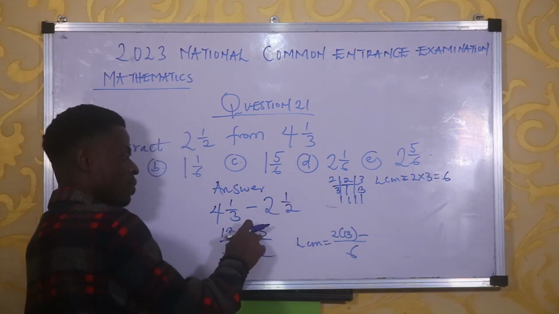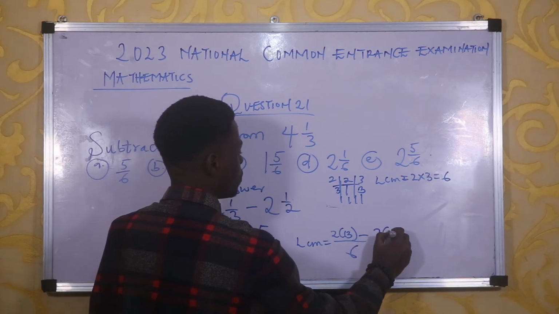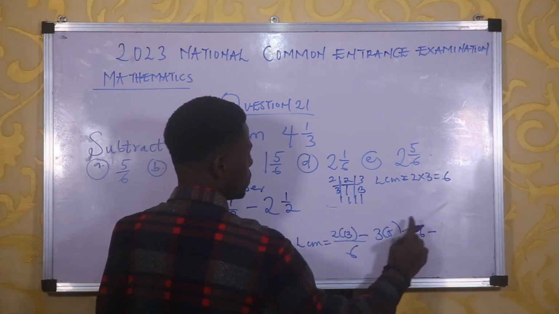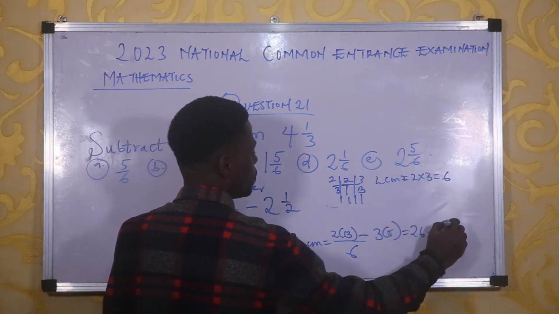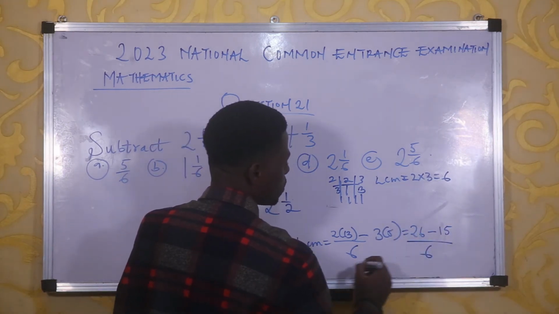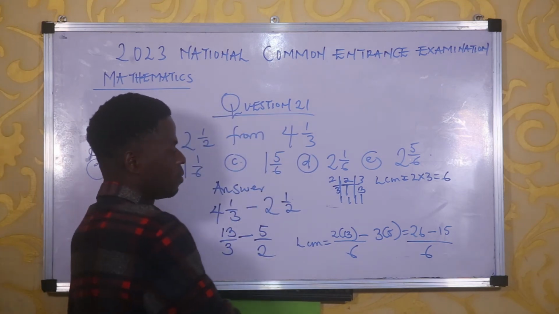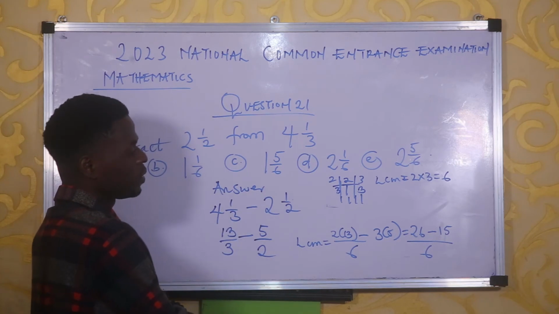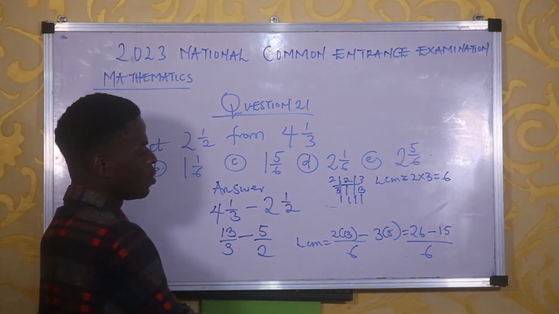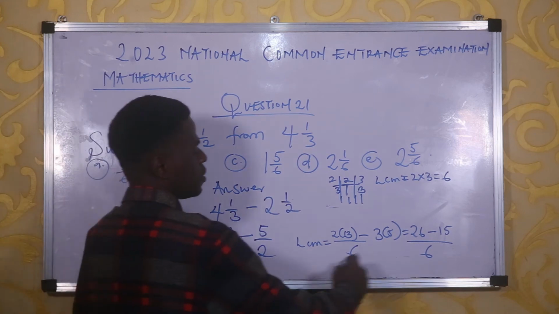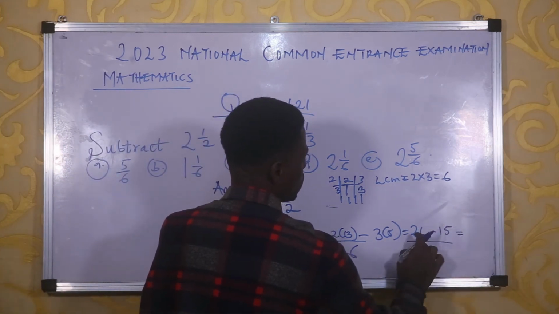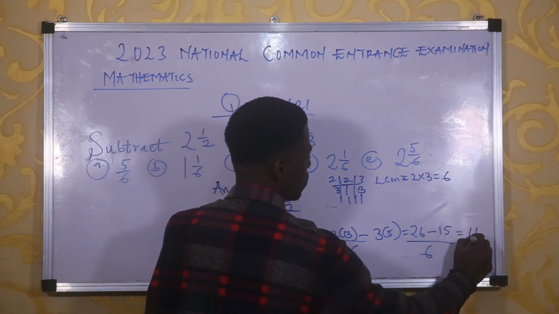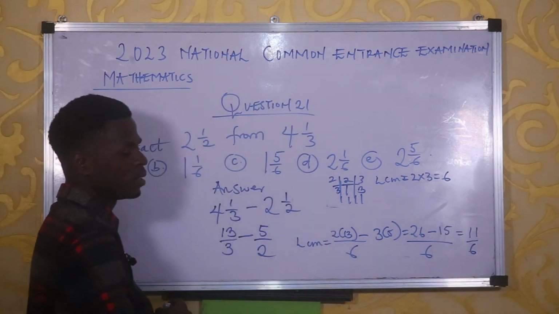Then 3 times 5 gives us 15, over 6. So in this place now, we have to subtract 15 from 26. So 26 minus 15 gives us 11 over 6. We can still divide it.